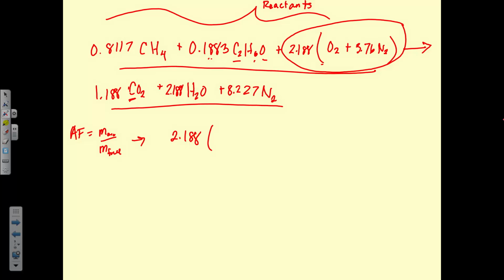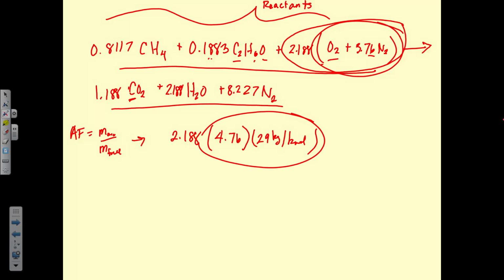We can do it that way, or we can just say 2.188 times 4.76 times the molar mass of air, which is 29 kilograms per kilomole. So we can do it either way. We can look at the oxygen and nitrogen individually, or we can say this is air and just calculate it that way. You get slightly different answers, but they're very close. So we find that the mass of the air is 302.03 kilograms.